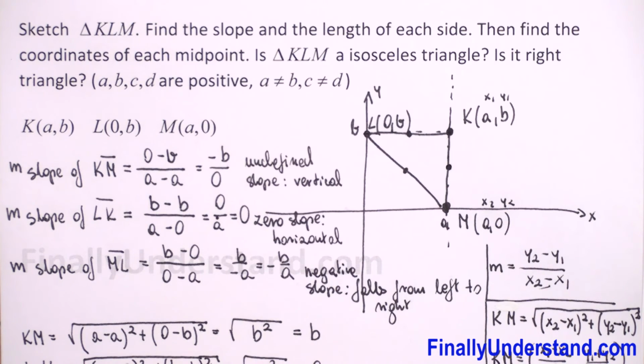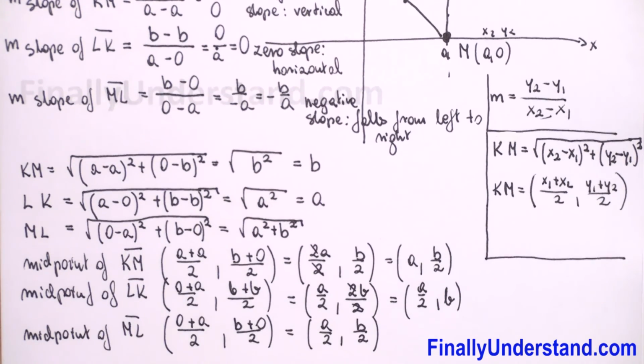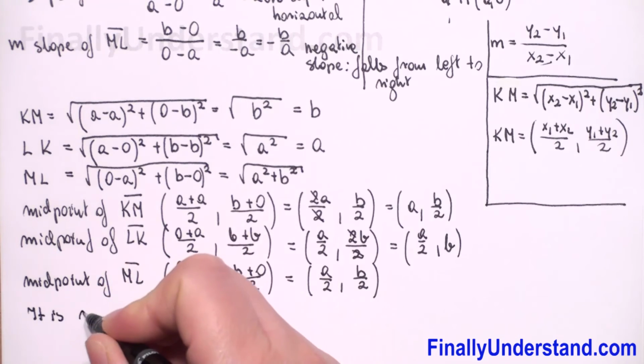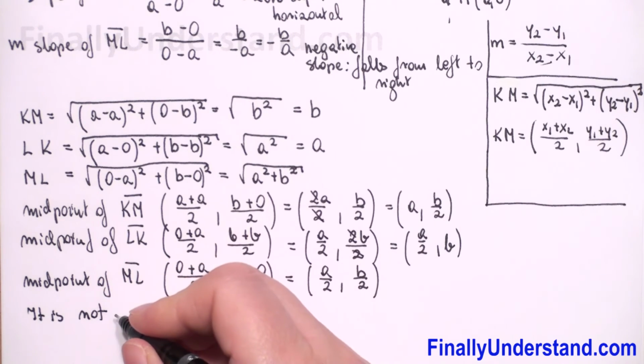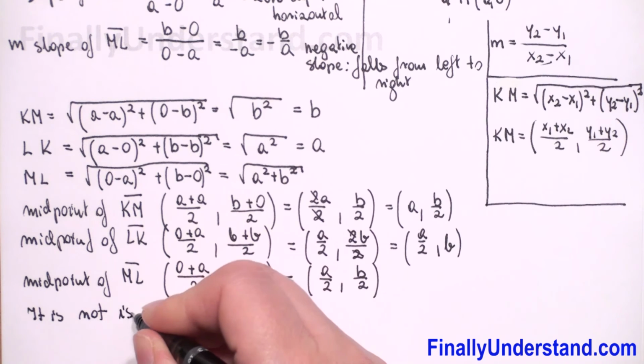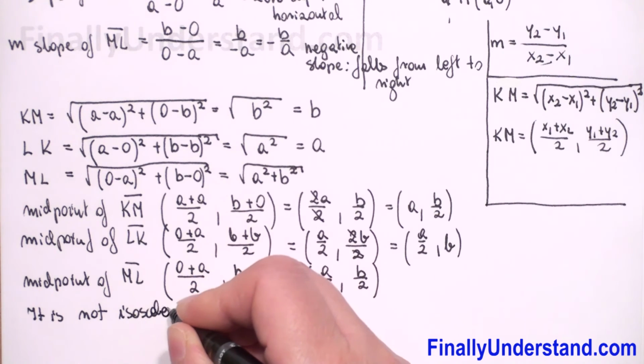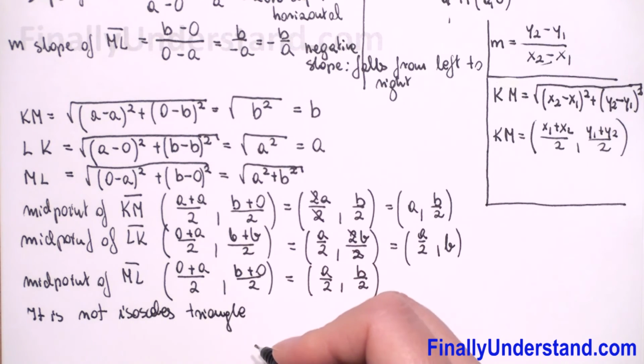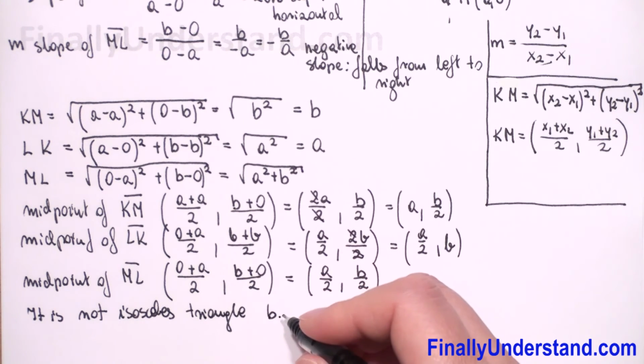So it is not an isosceles triangle. So let me write this. Because none of the sides have the same length.